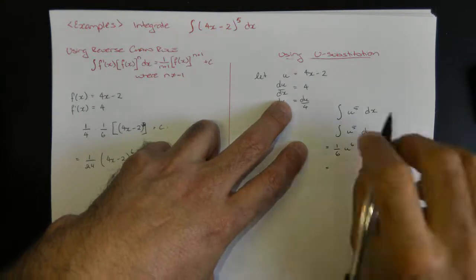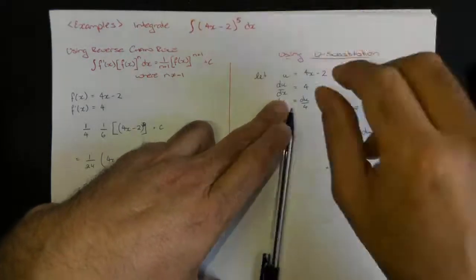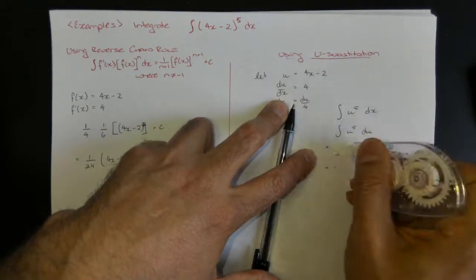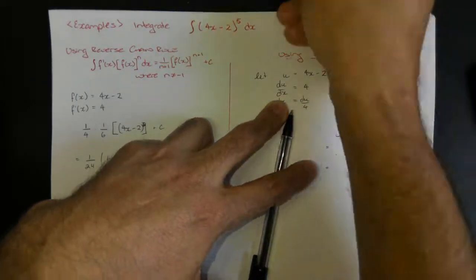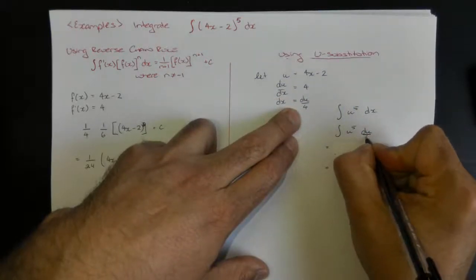Oh, sorry. I did forget something. This should be, dx is actually du over 4.